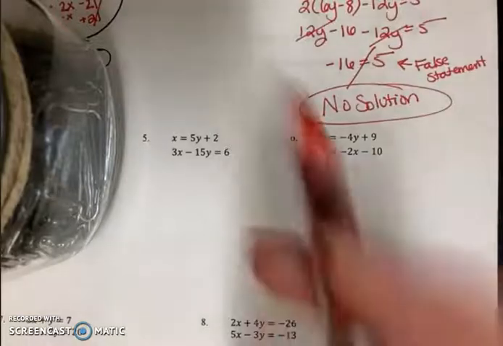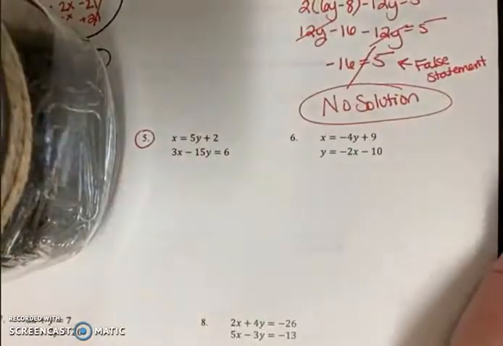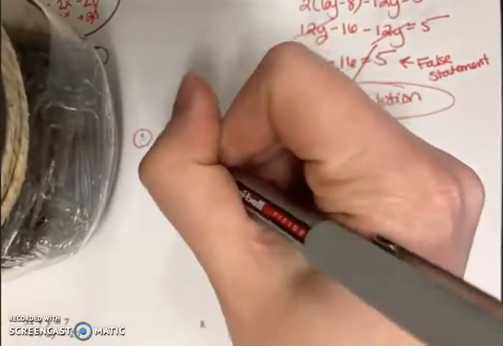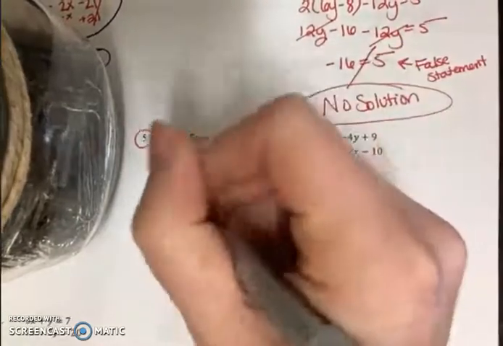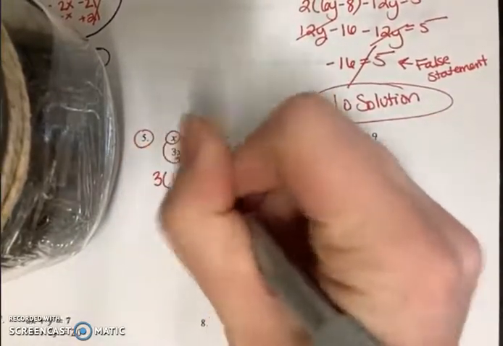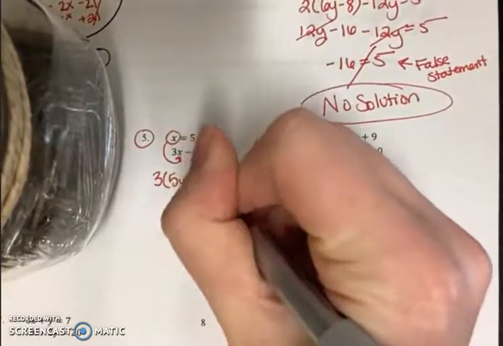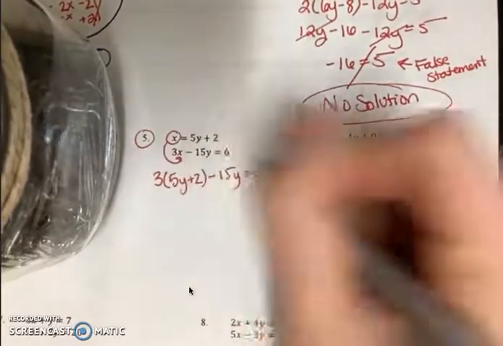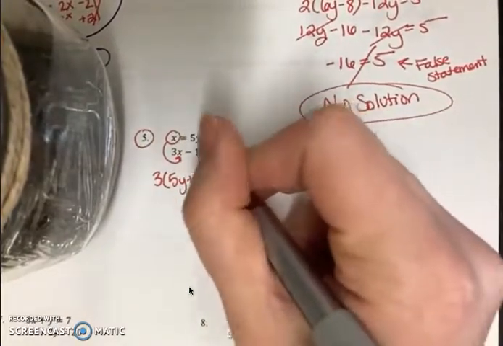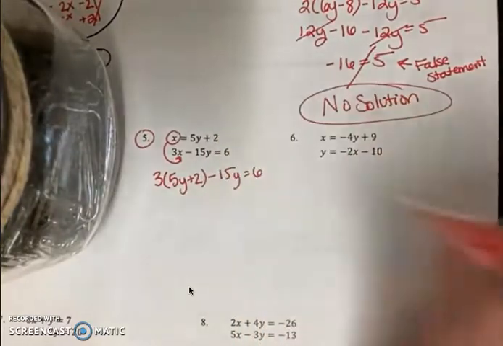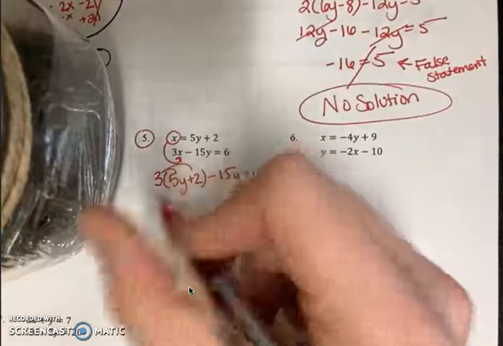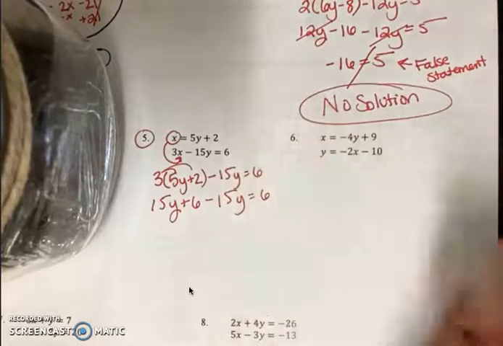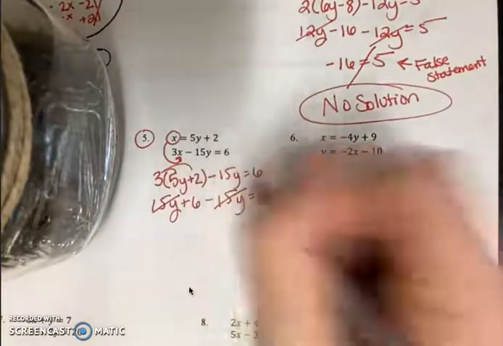Now we're going to do number 5. Number 5, we have x equals something, so we're going to take this x and plug it in. We have 3 times, instead of x, I'm going to put 5y plus 2 minus 15y equals 6. So I just plugged x, or the 5y plus 2 from the first equation, into my second equation. Now I'm going to distribute the 3, giving me 15y plus 6 minus 15y equals 6. 15y's cancel.